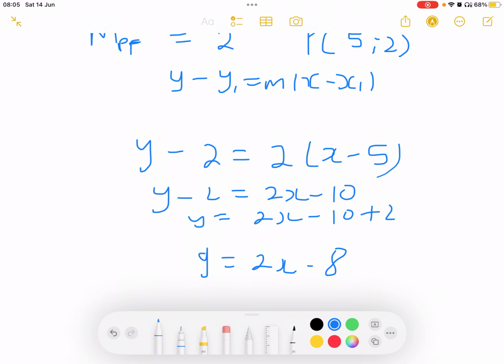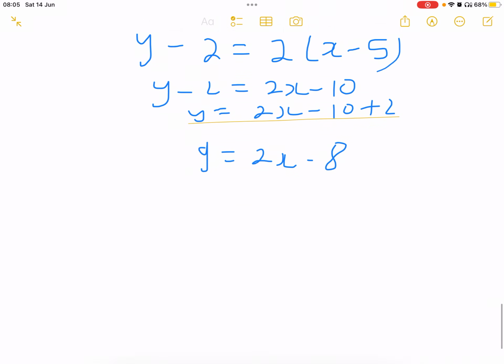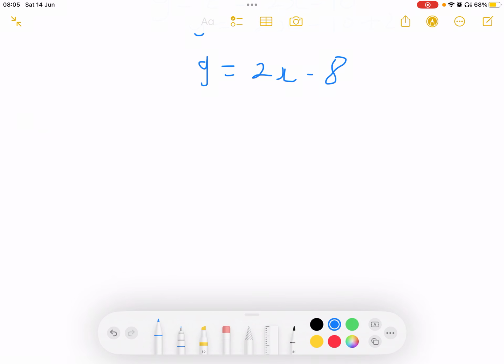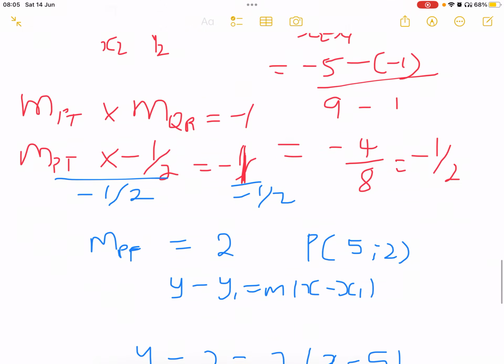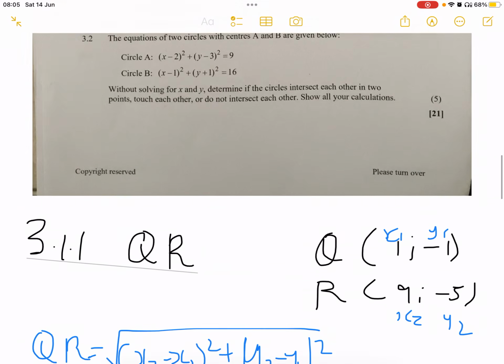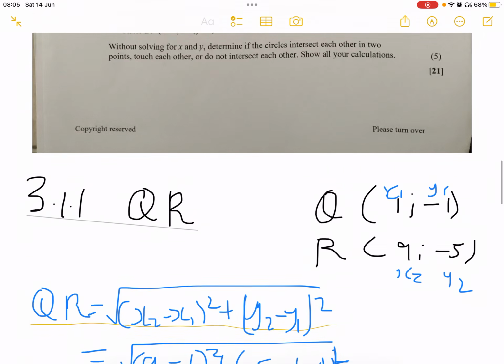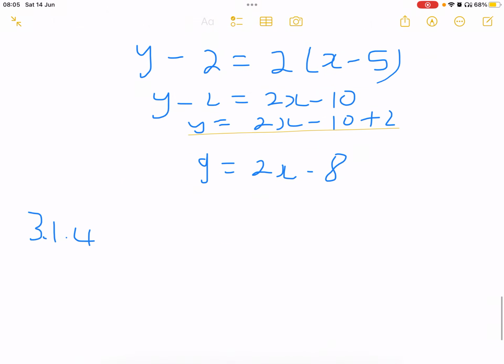3.1.4, the coordinates of T. Let me just go back to the question. As you can see, T in here is where the line PT and the line QR meet. So you know what happens at an intersection.